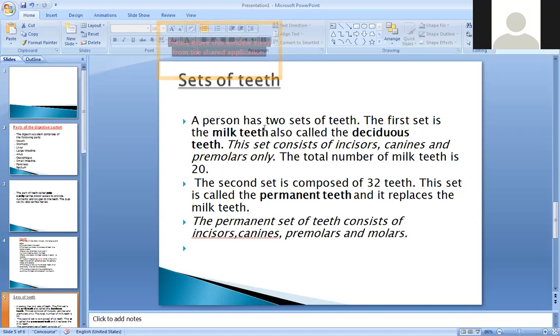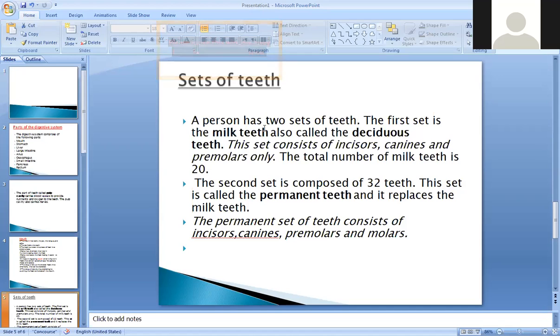Milk teeth are the type of teeth that are shed. They fall off when the child attains the age of about 6 years. So I repeat, this set consists of incisors, canines, and premolars only. The total number of milk teeth is 20. Very important. The second set comprises 32 teeth.